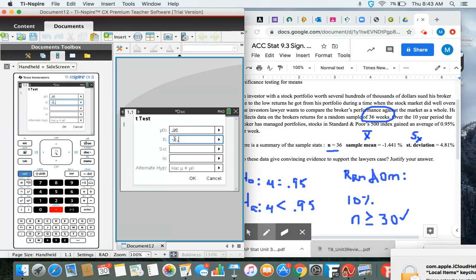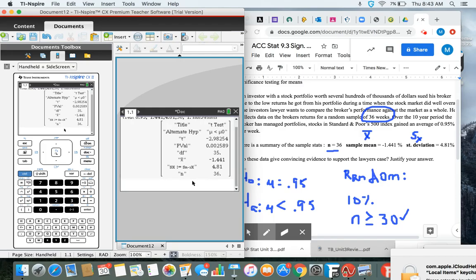So the next one here is 1.441. Standard deviation was 4.81. And my sample size was 36. So don't worry about making the decimal, moving it over and making it 0.0095. As long as we entered each one of these as we were given, we're good. Finally, make sure you change your HA if need be. Here we did make it a less than.